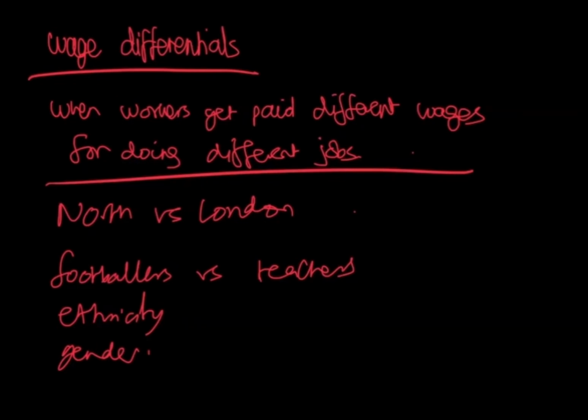The first one would be a difference in the cost of living, so you'd have to get paid higher in London. The cost of living in London is higher because the wages are higher in London.